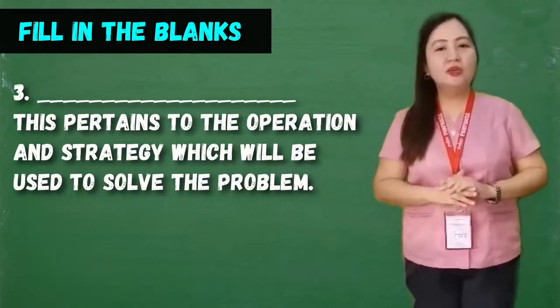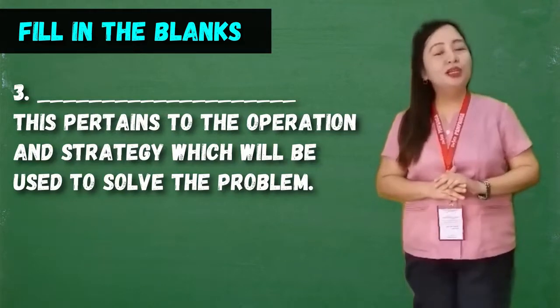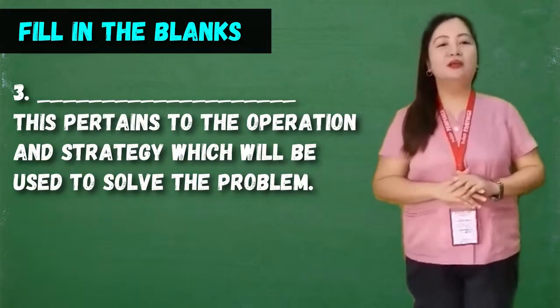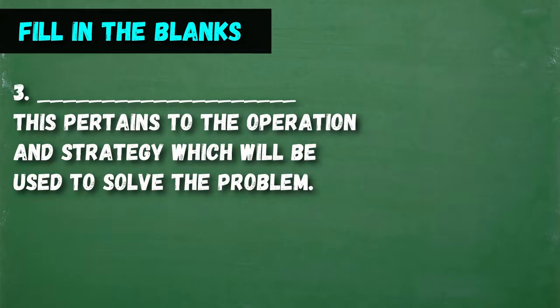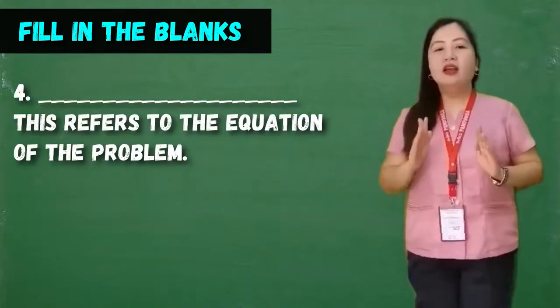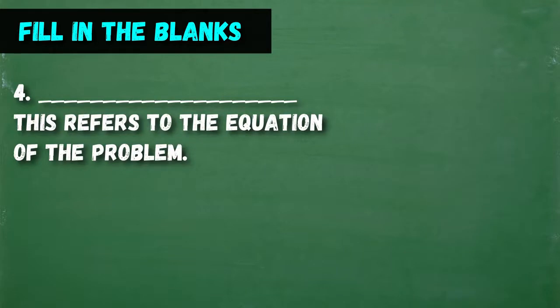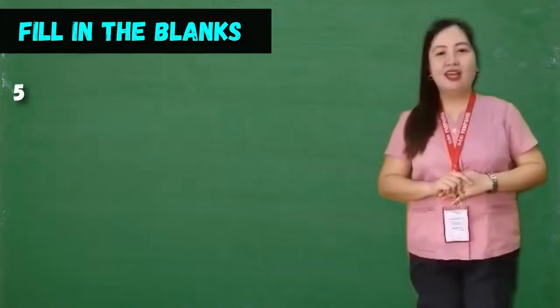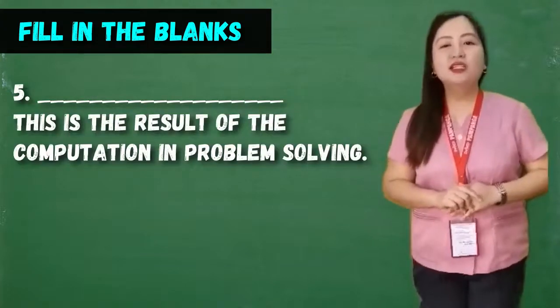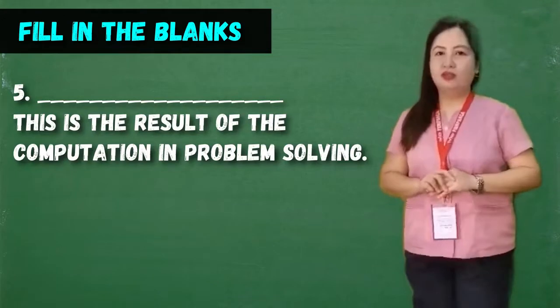This pertains to the operation and strategy which will be used to solve the problem. Number 4, this refers to the equation of the problem. And number 5, this is the result of the computation in problem solving.